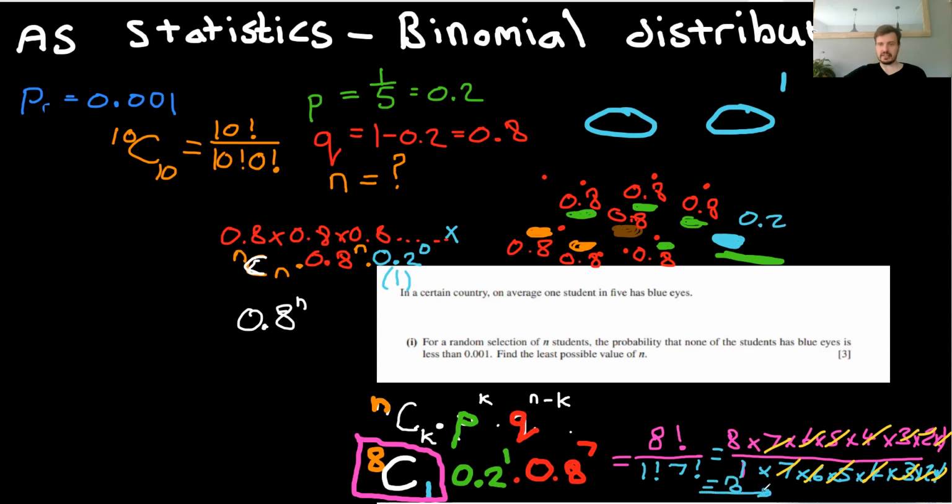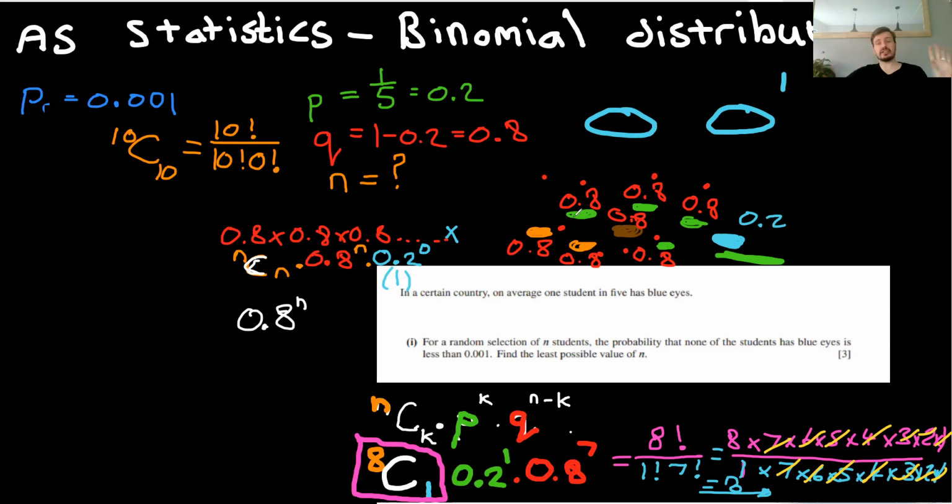Well, that makes sense because there were 8 people. In the example we did for ourselves, the first student could have blue eyes, or the second, or the third, or the fourth, or the fifth, or the sixth, or the seventh, or the 8th person could have.